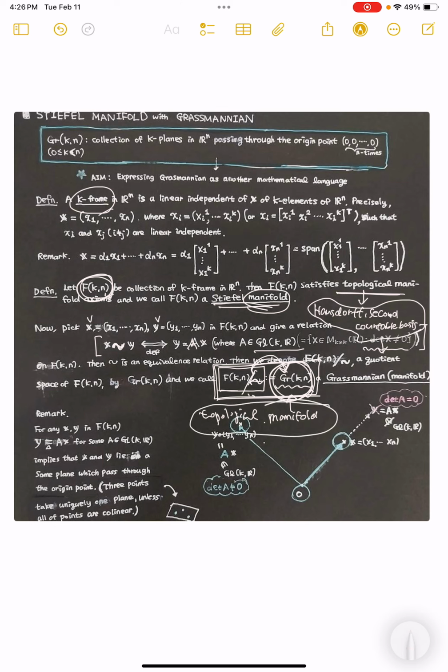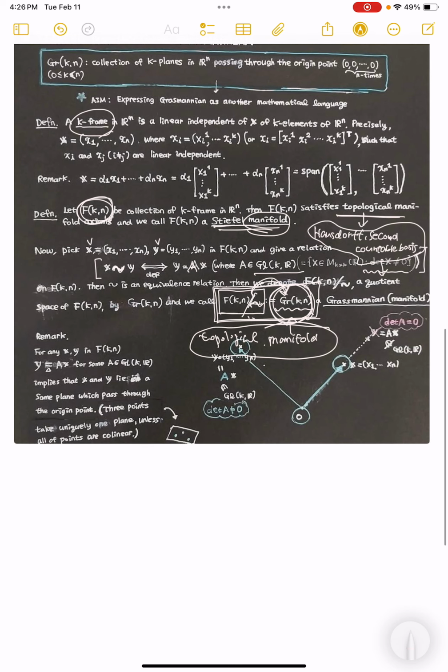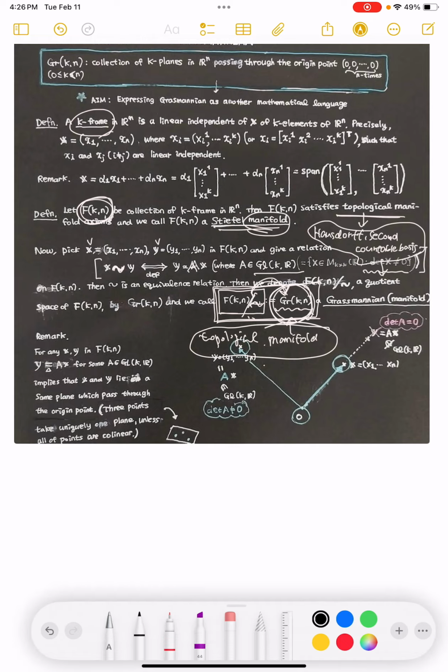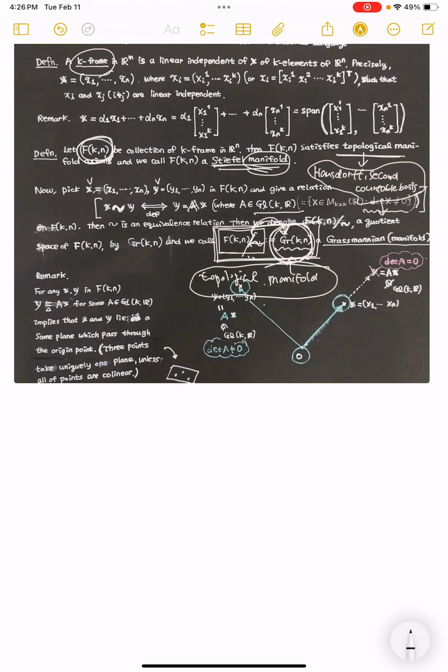So we can see the Grassmannian is a topological manifold. If we accept the concept of the Grassmannian as a Stiefel manifold, we can see the following example.